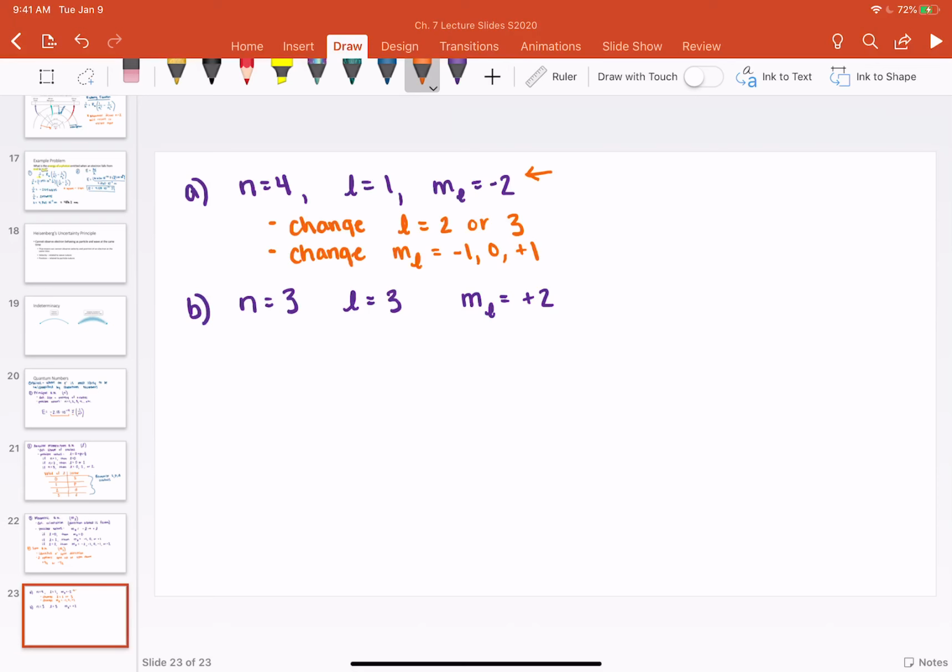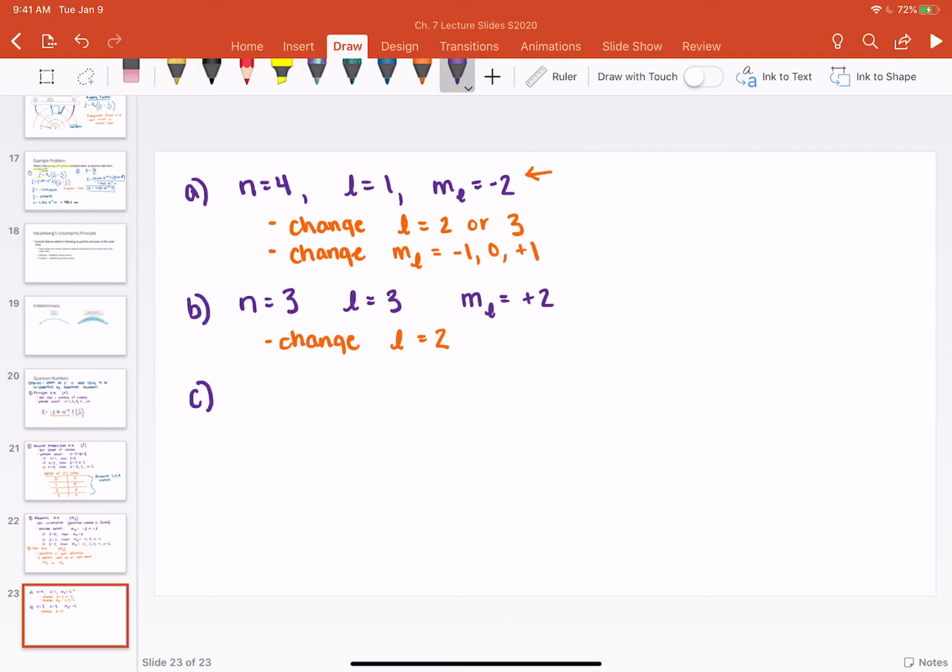So in order to make this set of quantum numbers allowed, and by allowed I mean it follows the rules that I just laid out, then we can change the L value to 2, because that obeys the rule that L cannot be greater than n minus 1. And it still fits the rule with our M sub L values, where M sub L could be from negative L to positive L.